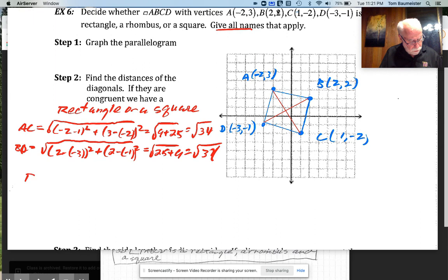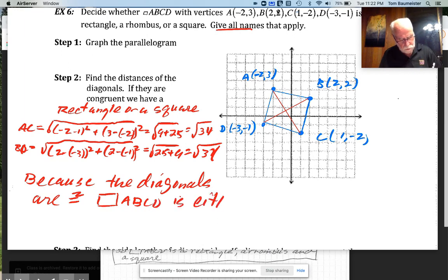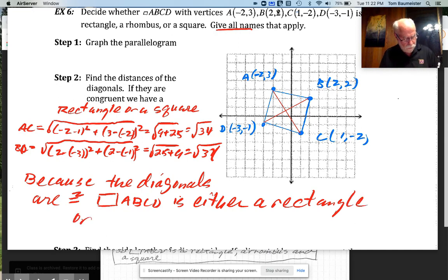So what we can say, because the diagonals are congruent, we know that our quadrilateral ABCD is either a rectangle or a square. And again, that was from our previous theorems.